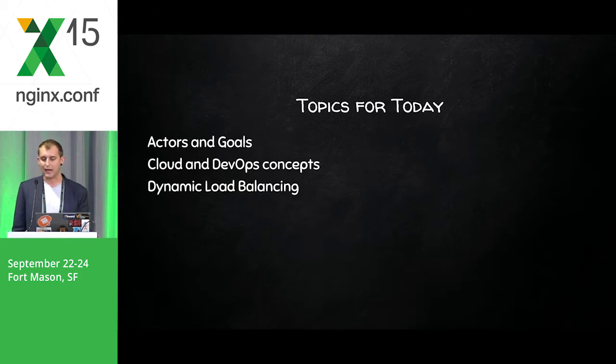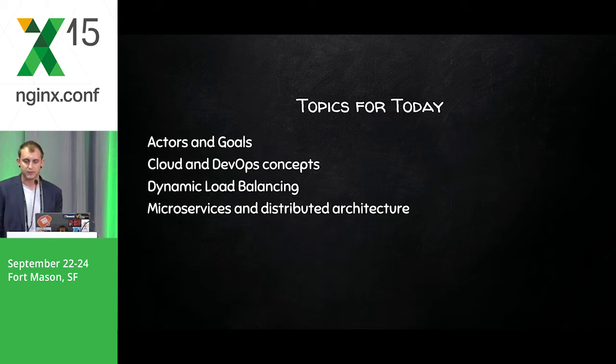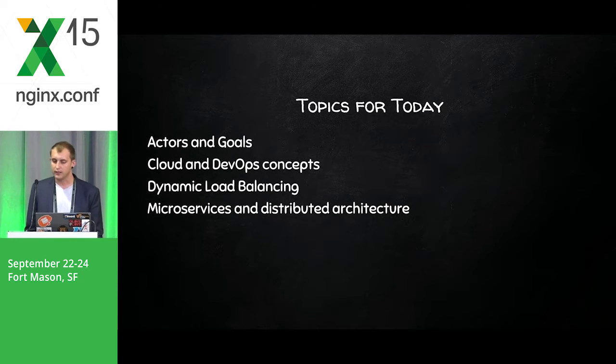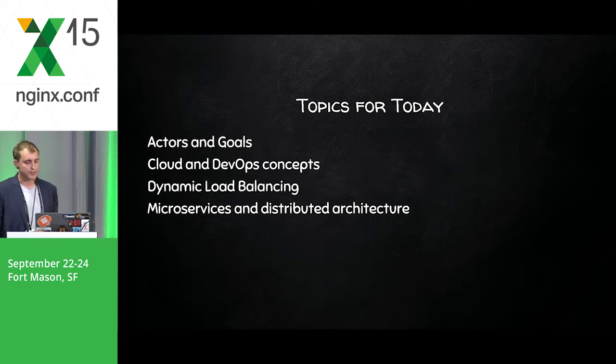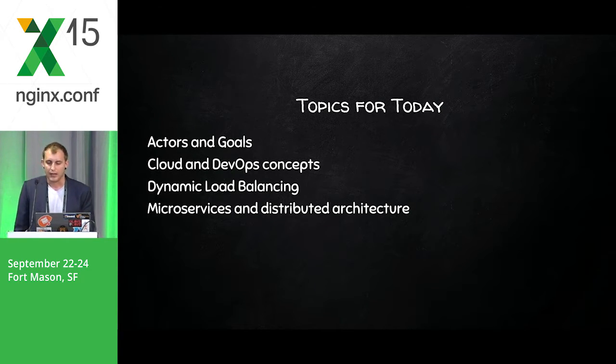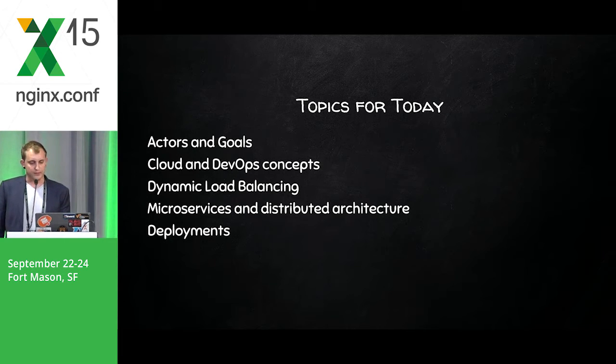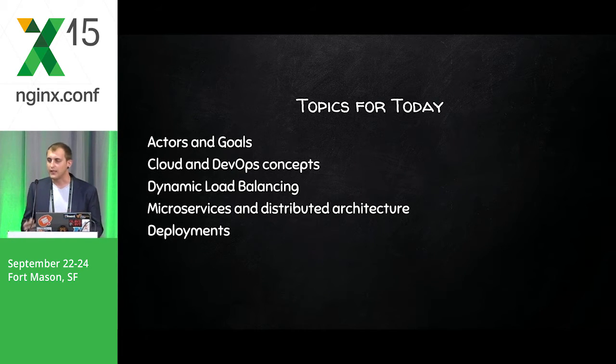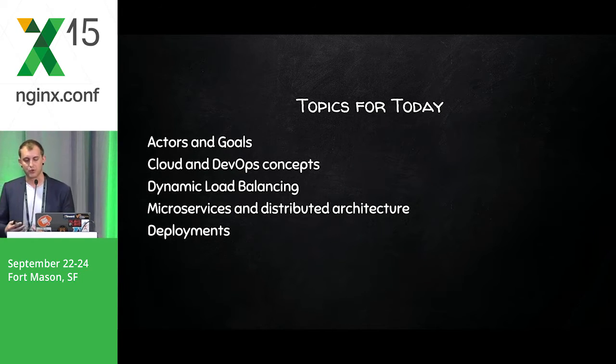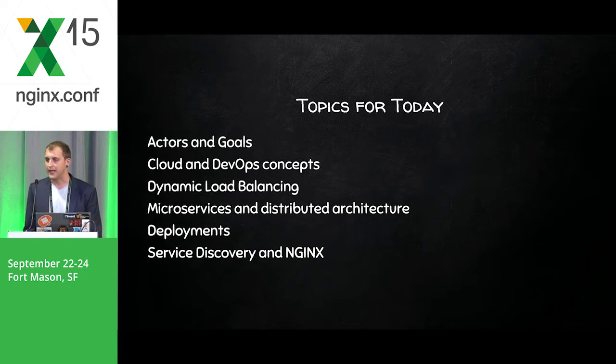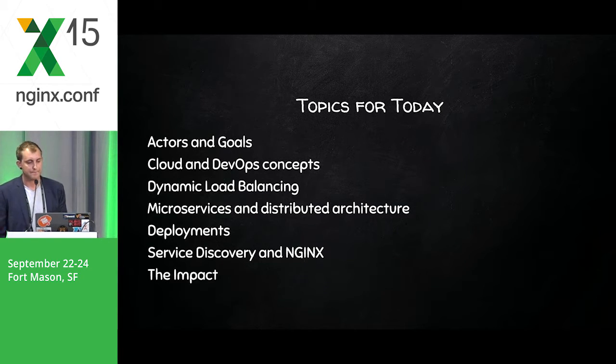We're going to explain some of the obstacles around microservices and autoscaling, distributed architecture. I'll detail some of the processes around releasing code and what that means in dynamic infrastructure and how NGINX and service discovery can be utilized to impact these solutions.